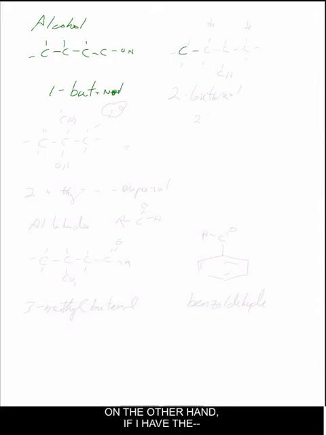On the other hand, there's an isomer of this alcohol in which the OH is on the second carbon, and I would call this 2-butanol.